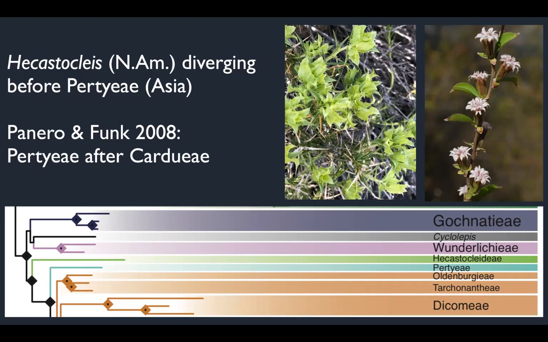That was a surprising result, although it was hinted at in some of Panero and Funk's work, shown here, where they said it could have come before, but with the plastid loci, it showed that it diverged after Carduoideae. That's kind of interesting for the biogeographical story, which I can tell you about shortly.